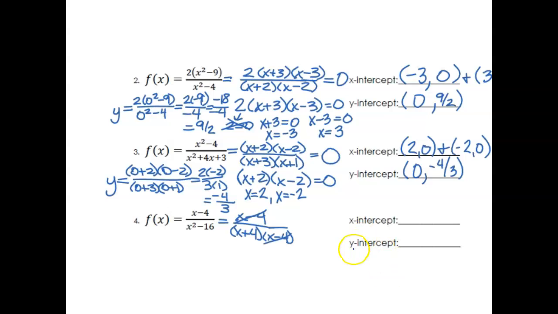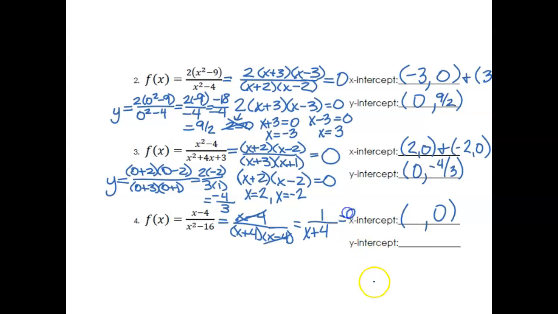I don't ask for where are the holes, but it's good to know because that means that we have a way simplified version of our function. What's left over? X plus 4 on the bottom, and what's on the top? 1. So when I go find my x-intercept, which has a y value of 0, that means I need to set my function equal to what?